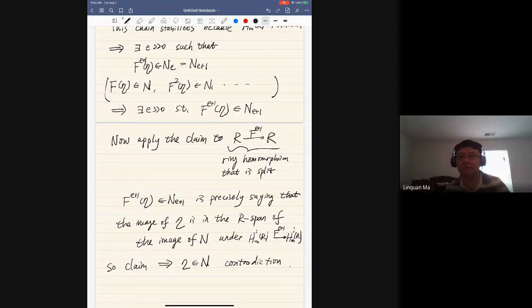Okay, so that's the proof of the theorem, using that Frobenius is split here.